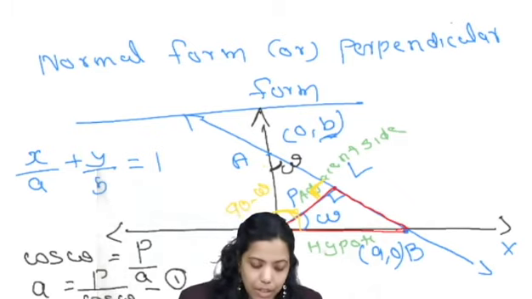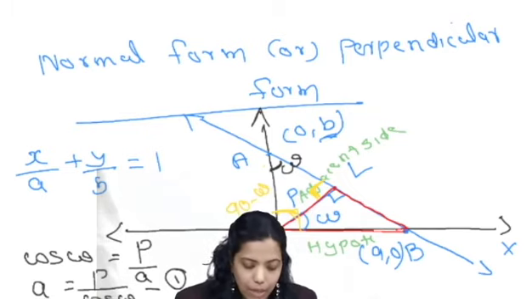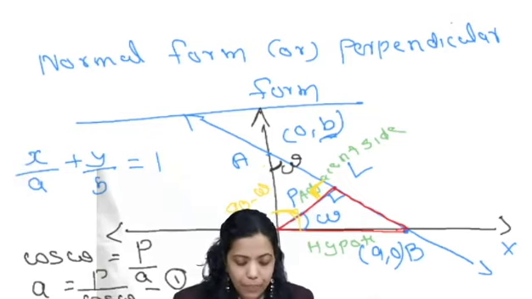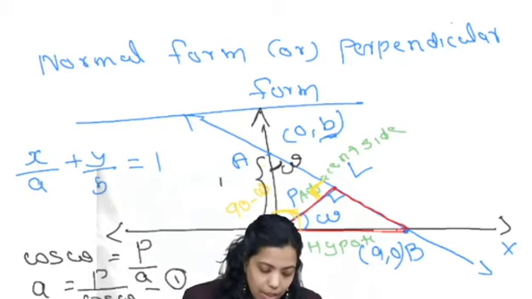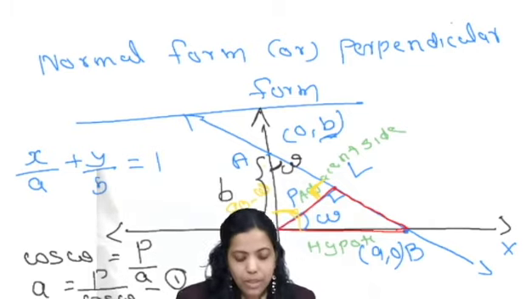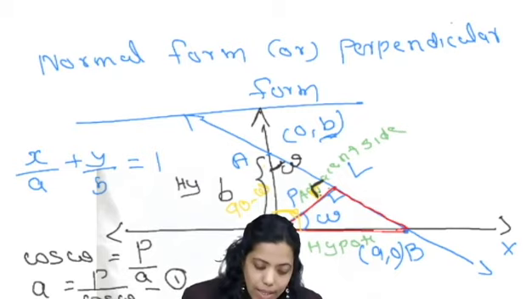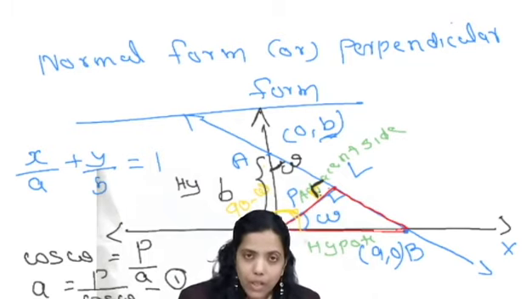Again, we are concentrating on the second triangle OAL. From that, we can find the value of b. Here we can mark this length b. For this triangle, with 90 degrees over here, this is the hypotenuse. Connecting the perpendicular distance p and the hypotenuse, what is the trigonometric ratio formed?